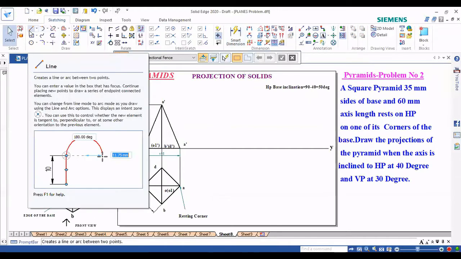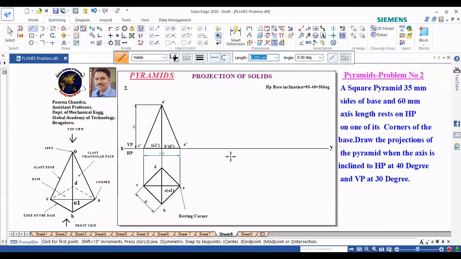49.5. Now we shall draw a visible line here. So I'm going to draw a visible line. So here it is length of 49.5, that length, and angle, as I said, 90 minus 40 degree. I want axis 40. So since I'm rotating the base, I need to take 90 minus 40 degree. I need to take angle as 50 degree.